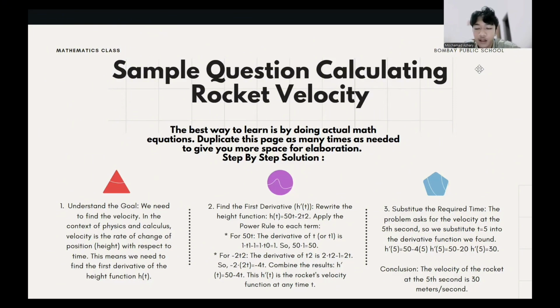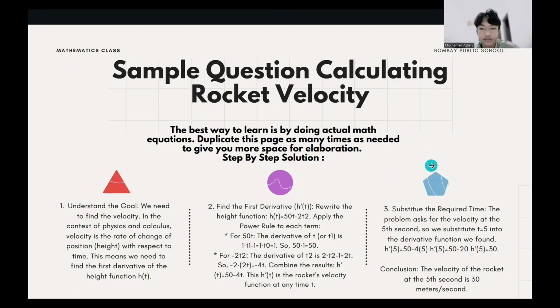We found h prime of 5 equals 15 minus 4 times 5, equals 15 minus 20... Conclusion: the velocity of the rocket at the 5th second is 30 meters per second.